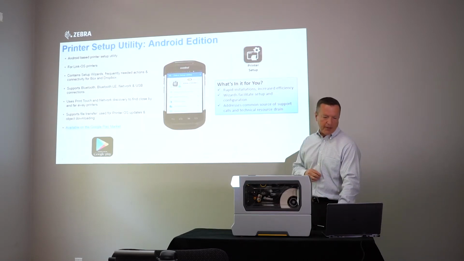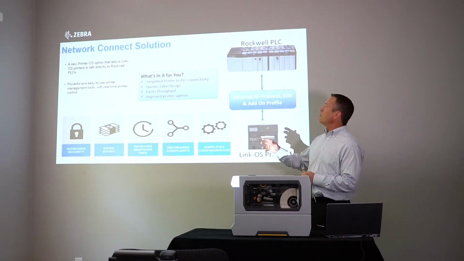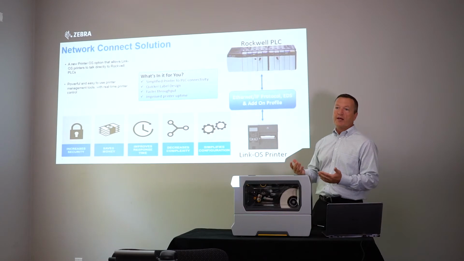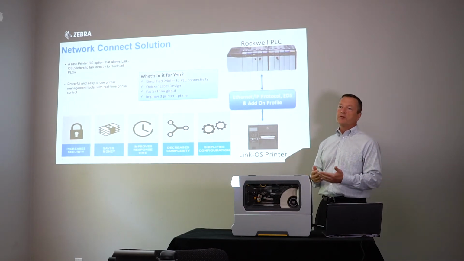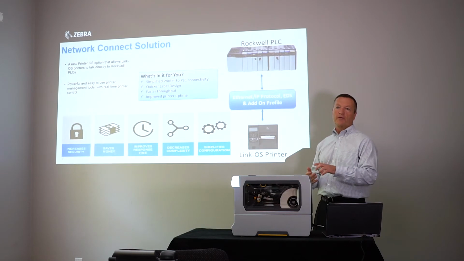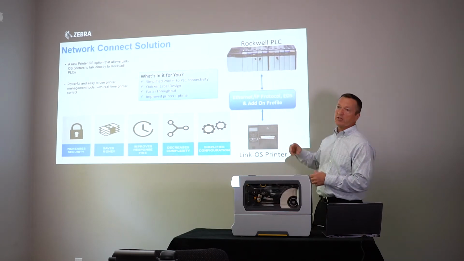The last item on Link-OS that I want to mention is another utility that we're getting ready to announce. It's called Network Connect Solution. This basically gives you the ability to connect your printers directly to PLCs. Initially we're working with Rockwell. The idea behind that is if you use traditional printers or competitive printers, you have to have some kind of middleware that does the translation between the printer language and the PLC language.